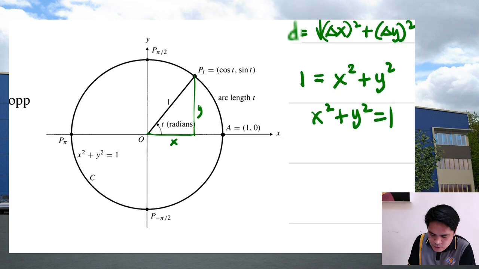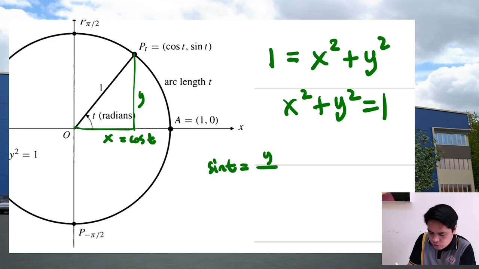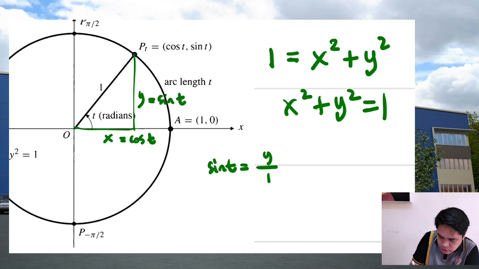If we relate it to the ratio cosine t, that would be adjacent over hypotenuse, so x is simply cosine t. Same with sine t, that is opposite, which is y, over hypotenuse, which is 1. So y is just sine t.